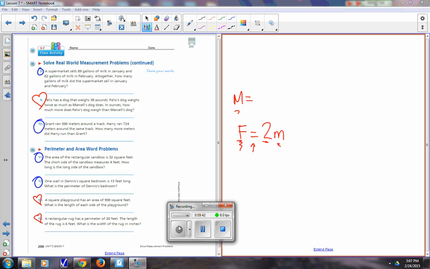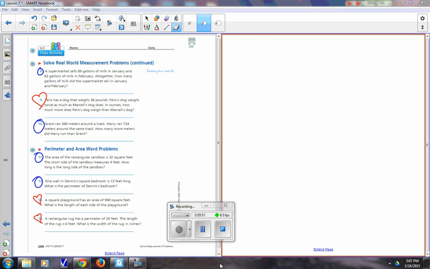So if I know that 38 equals 2m, I have to divide. 38 equals 2 times Marcel. Marcel's dog, we don't know. It hasn't told us how much Marcel's dog weighs.